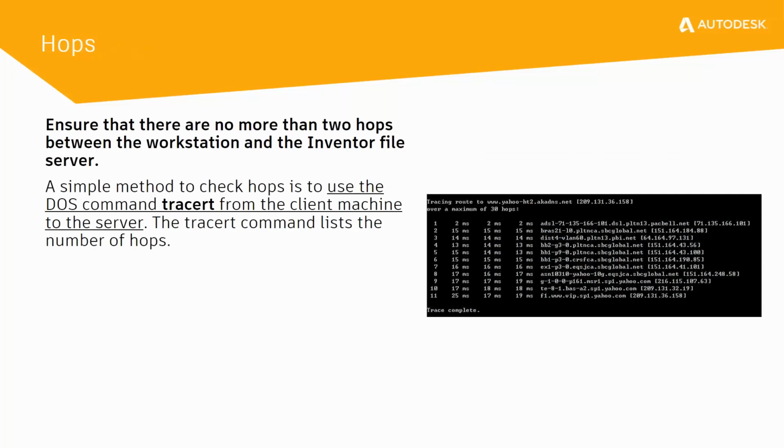You can also check the number of hops required to access your data server. You can do this using the tracert command from the DOS command prompt, and this will give you the number of hops between the workstation and the Inventor file server. What you want to do is minimize this to no more than 2 hops between those 2 locations.